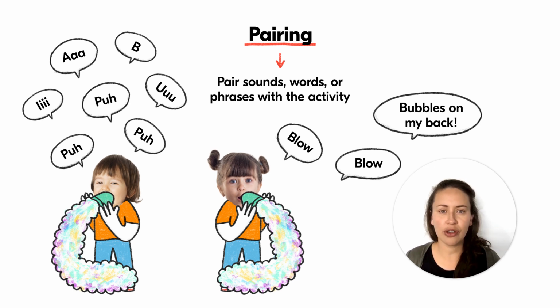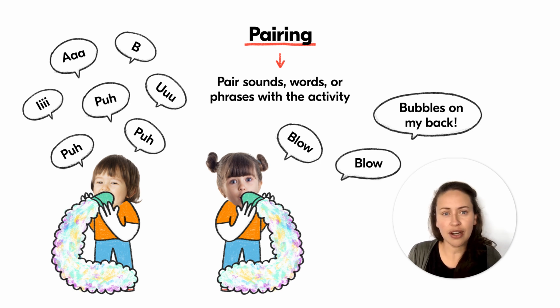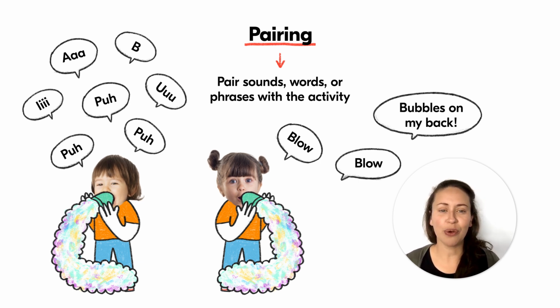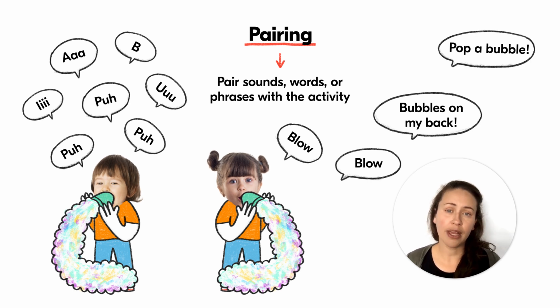If we speak, we're not going to say bubbles on my back, but in a game or in an activity like the bubble snake, where it is relevant and it's functional and it's fun, play around with words, play around with sounds, play around with sentences or phrases to increase the motivation and even to make them aware of those little patterns within the sentence or the phrase or even the words. And that can just add a fun element to it as well. Bubbles on my back, or pop a bubble, pop, pop, pop.